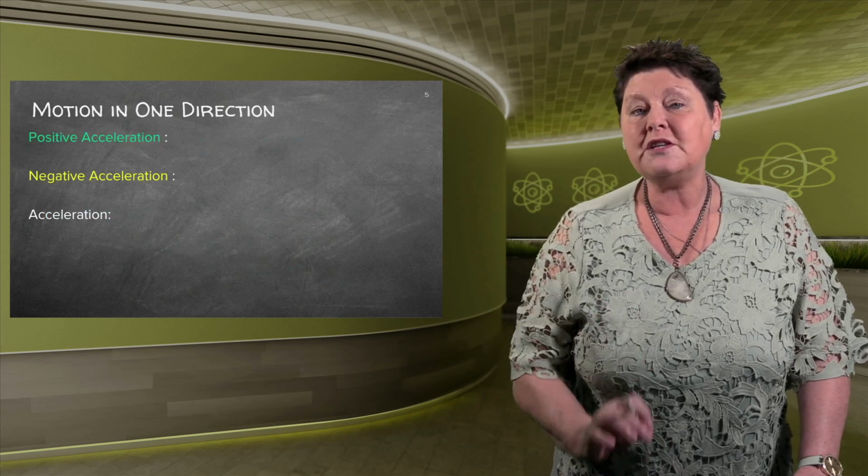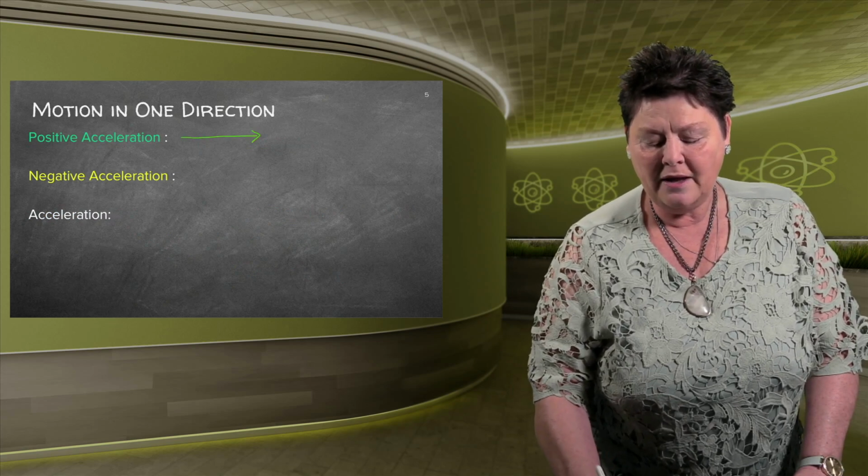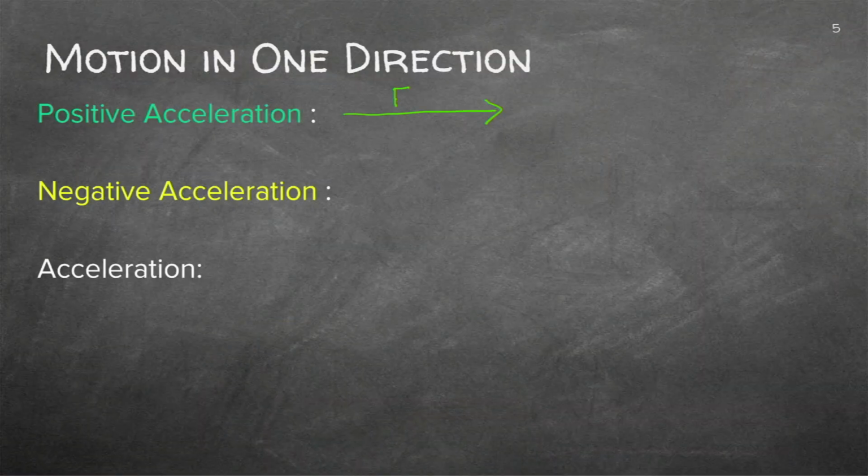So be careful that you identify the initial and then the final, and you'll see the difference in acceleration. So positive acceleration will mean it's moving that way. Let's say, for instance, you're pushing an object, the force is in that direction, so the acceleration is also in that direction. Negative acceleration will be you are moving that way, but you are putting the brake on the car. You are going slower, which will mean the acceleration will be to that side.